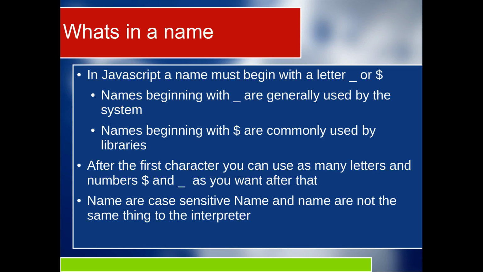So unless you're doing libraries or writing something for the JavaScript system, it's probably not a good idea to begin your variable name with these. After that first character, you can use as many letters and numbers and dollar signs and underscores as you want. It's real common for people to use the underscore to replace spaces. Another thing to note is that names are case sensitive. So name with a capital N and name with a lowercase n are not the same thing to the interpreter.